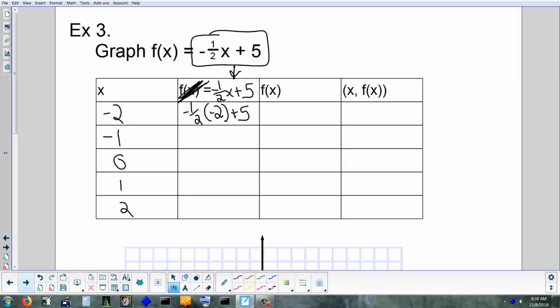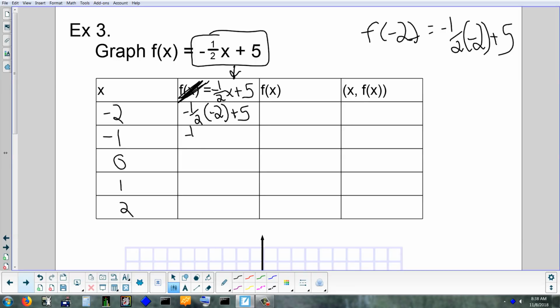Again, all we're doing here is taking all these numbers and plugging them in where I see x. You could write f of -2 there, but since f of x means the same as y equals, having f of -2 equals -1/2 times -2 may screw you up. So in the top of this column, I would just write whatever comes after the equal sign. Then you're not dealing with that number in there twice.